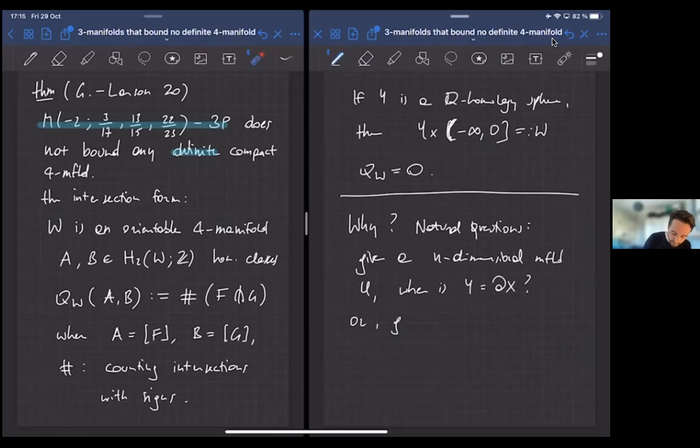Or given, maybe I'll call it Z, an n+1 dimensional manifold, when does Y embed in Z?